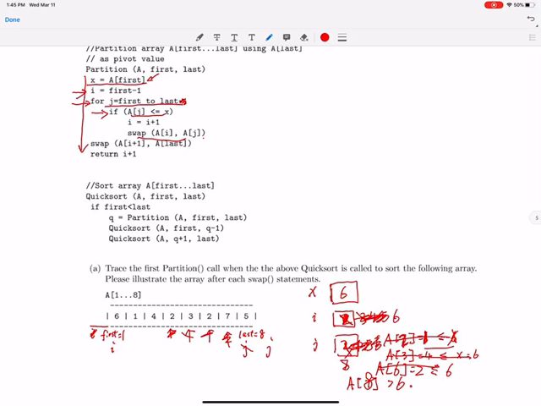Remember i is 6, so i will be here. I think I screwed up because I didn't realize the last element is greater than 6. I hope this shows you enough. I'm going to skip this one. Hopefully you'll be able to carry it out without making mistakes like I did.